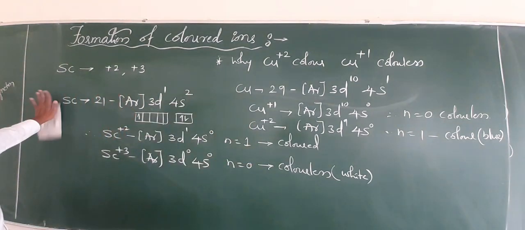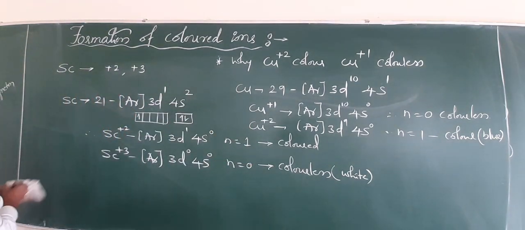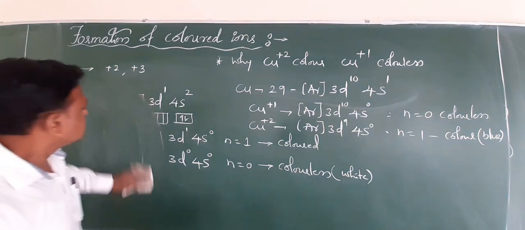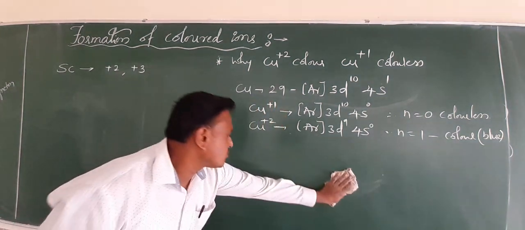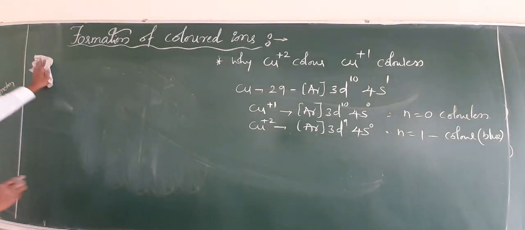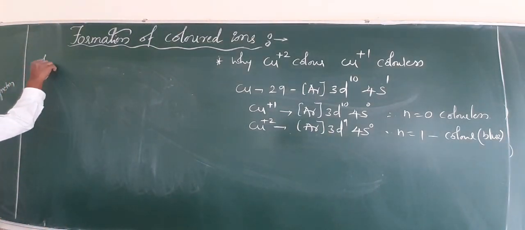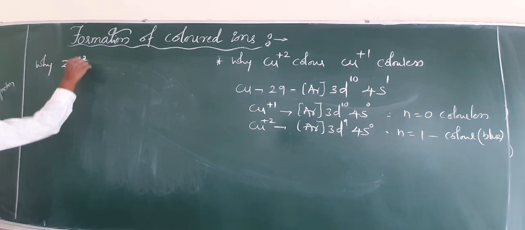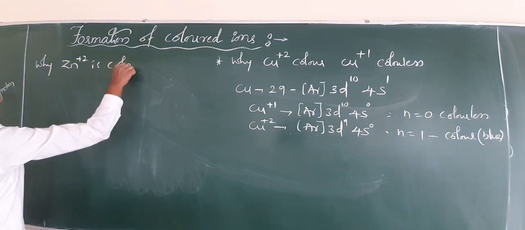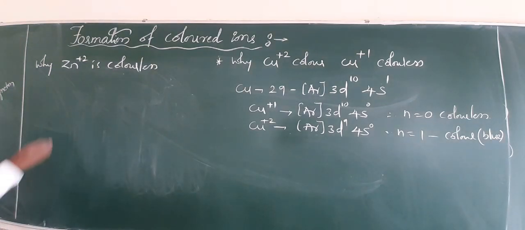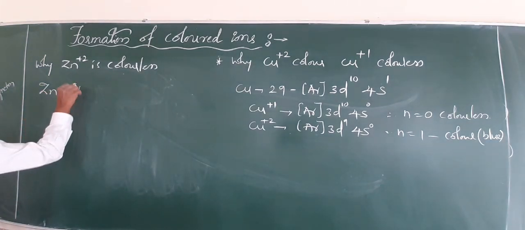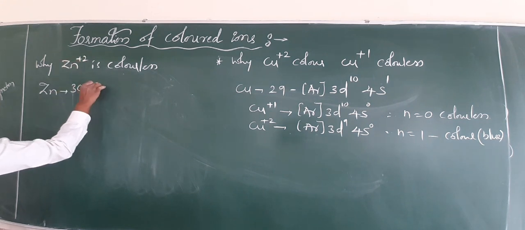If you want to take another best example of our syllabus, it is zinc, friends. So many times they ask this question: why is zinc +2 colorless? Very simple. Zinc atomic number is 30.